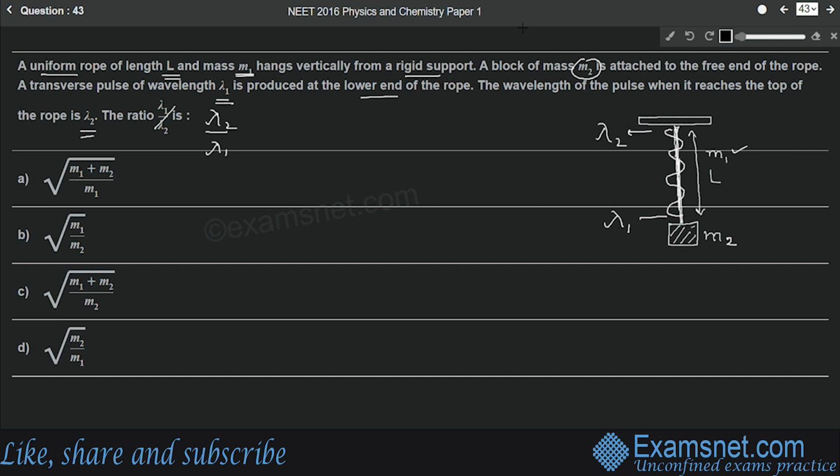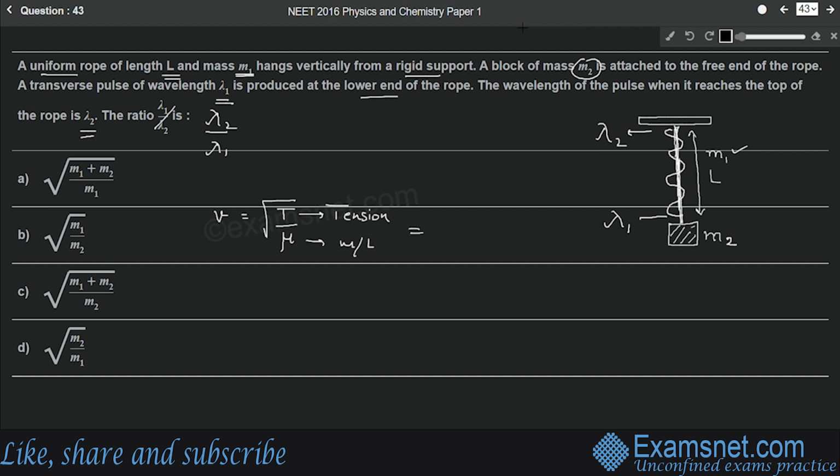Now we know that wavelength will change, velocity will change, but the frequency will remain the same. So we know that velocity is equal to under root T by mu, where T is the tension and mu is mass per unit length. Since this is a uniform rope, the mass per unit length, mu, will remain the same.